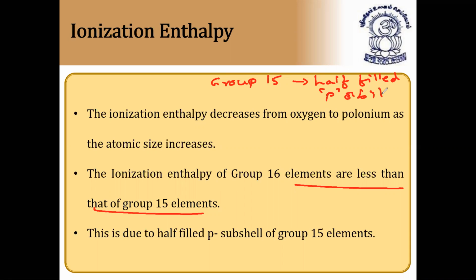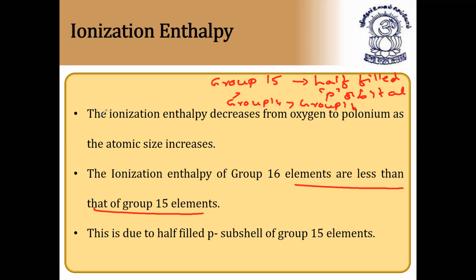So the ionization enthalpy of group 15 elements is greater than group 14 as well as group 16. The order is group 15, then group 16, then group 14.